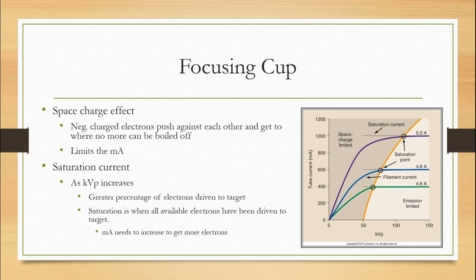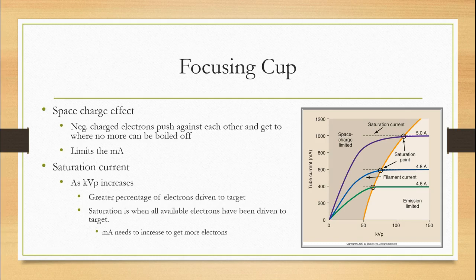Then you have this focusing cup in there too, which is also applying a negative. So you have these two pushing against each other. What happens is when you hit saturation, it means there's no more that can be boiled off. So your space charge, you're at the maximum mA that you can be because there's no more room in the playground for anyone else. The bus is full, okay?